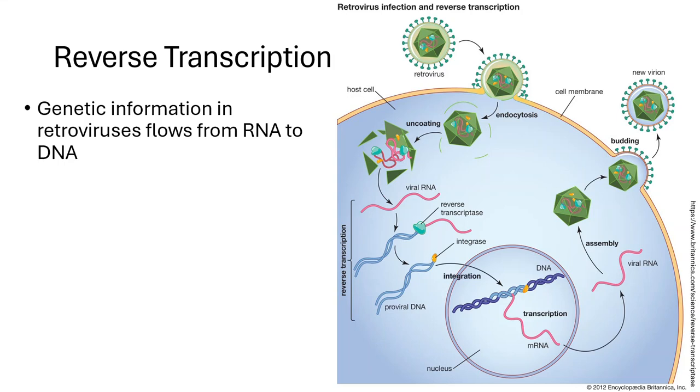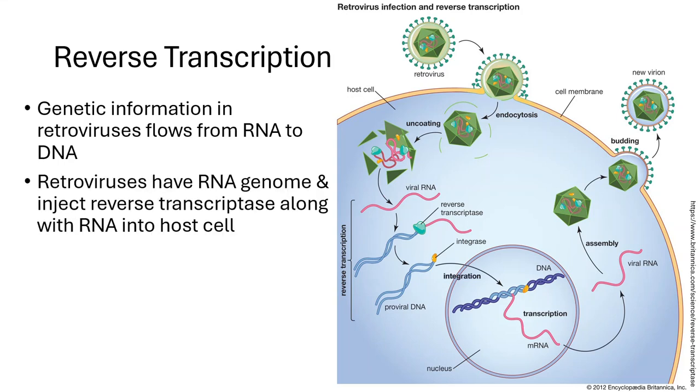There are some very famous retroviruses like HIV. COVID-19 is also an RNA virus, and so it's important to learn how these viruses work so that you can sometimes target therapies to treat these viruses before they can have a massive impact on somebody's health.